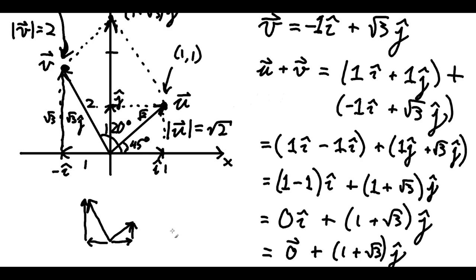So we have here a vector that goes right, a vector that goes up, a vector that goes left, and another vector that goes up. So from the beginning to the end, by just rearranging these little vectors, we see, oh, we can just go up 1 plus the square root of 3 straight. The movement to the right and the movement to the left perfectly cancel each other out.